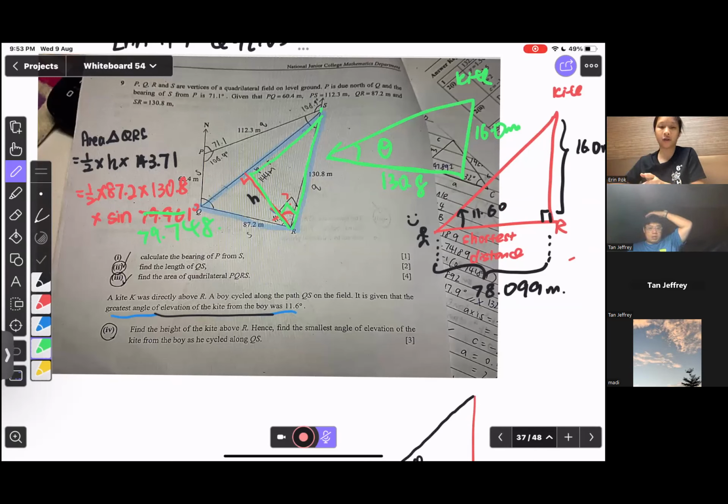Wait, what's the area of QRS? 5611.8. Okay. After this, I want to answer one more.